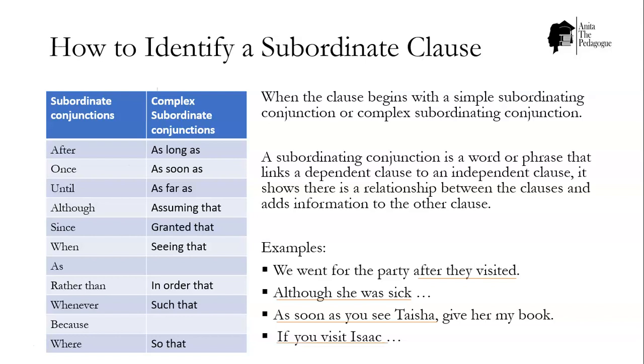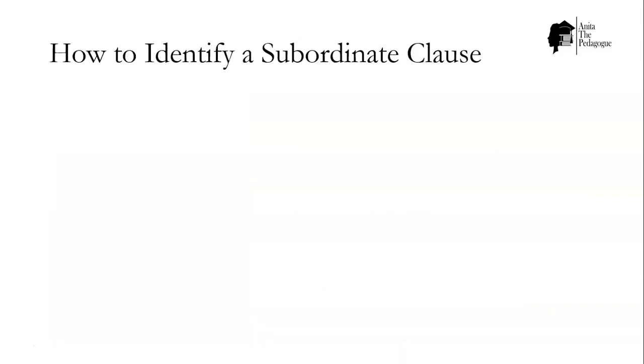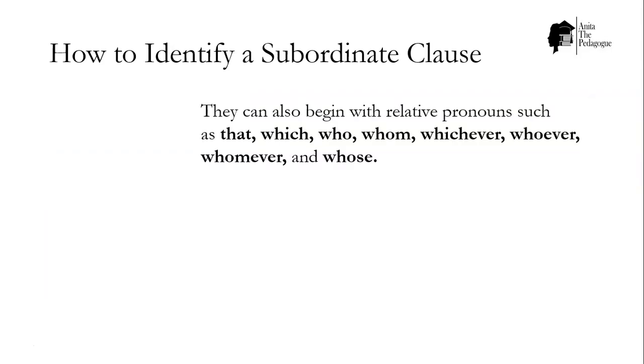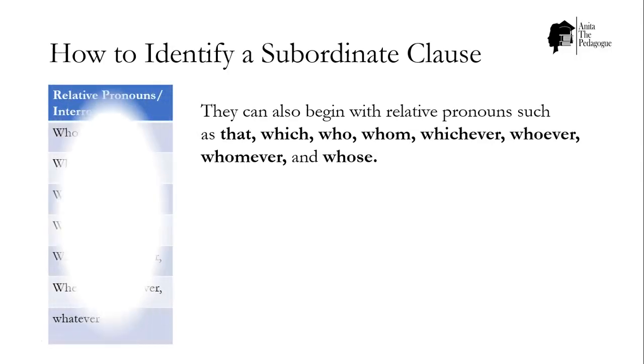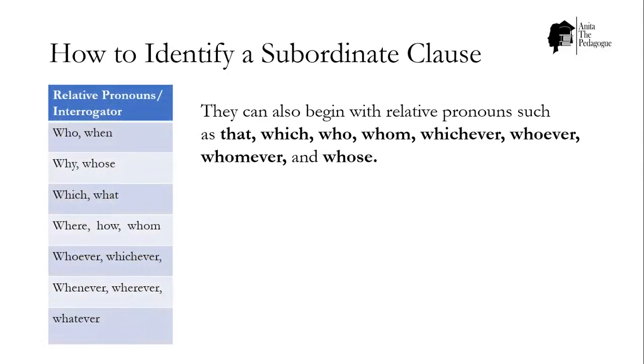Let's go and look at other ways to identify a subordinate clause. Note that subordinate clauses can also begin with relative pronouns such as that, which, who, whom, whichever, whoever, whomever, and whose. Now let's look at some of the relative pronouns that we have.